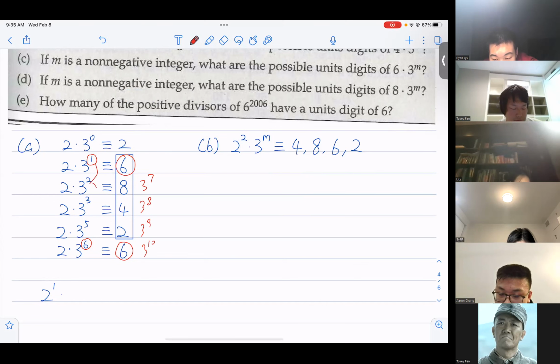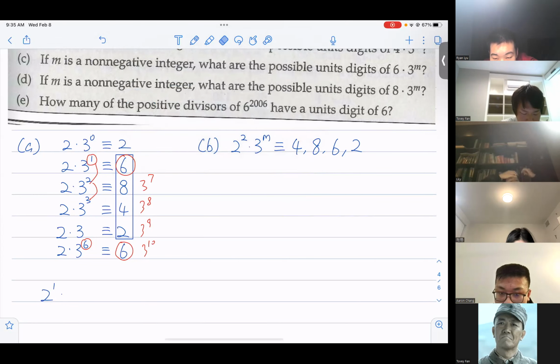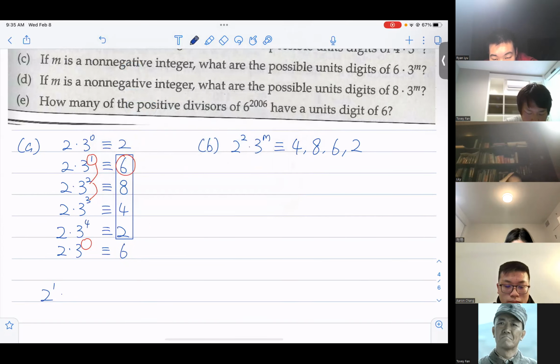Sorry, I wrote it wrong. The difference here should be 4. This makes much more sense, right? For 3 to the first power, the unit digit is 6. 3 squared, unit digit is 8. 3 cubed, that's 4. 3 to the 4th, that's 2.